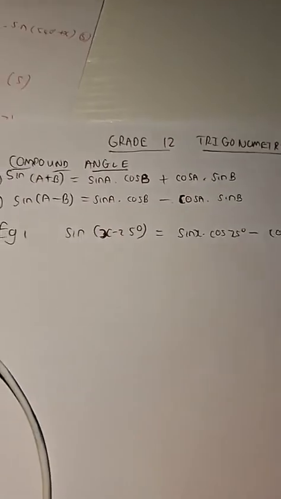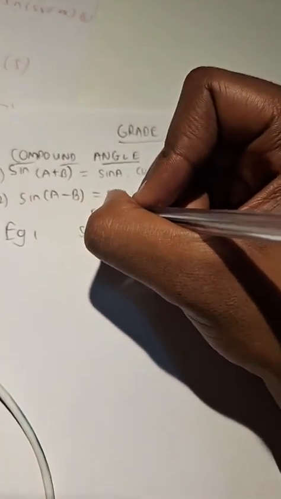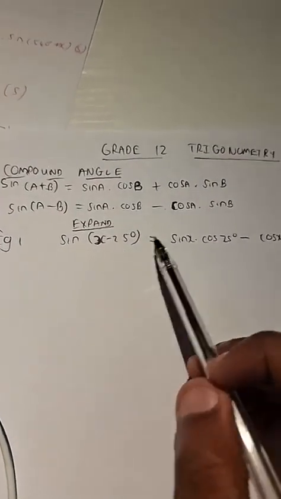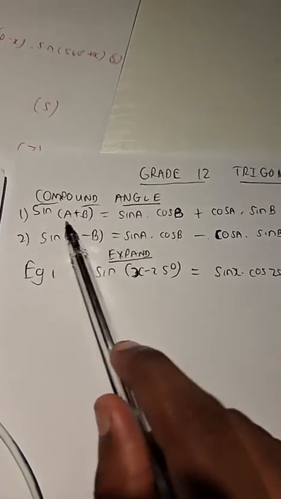Okay, so if I'm told to expand, this is how I would go about expanding sine x minus 25, and I'm basically using the same template.